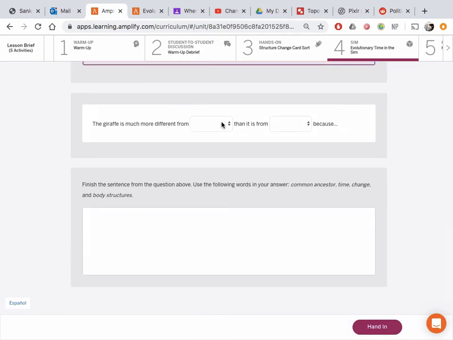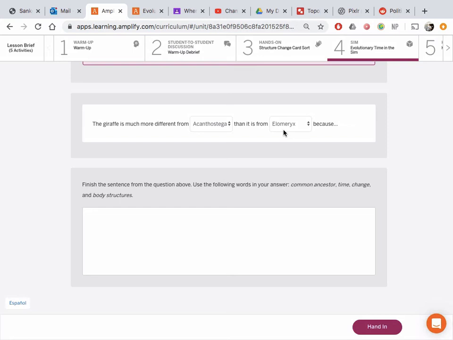The giraffe is much more different from Acanthostega than it is from Elomeryx because, what would you say for this one? I would say that it's related to them both, but Elomeryx was more recent, so it had less time to change.